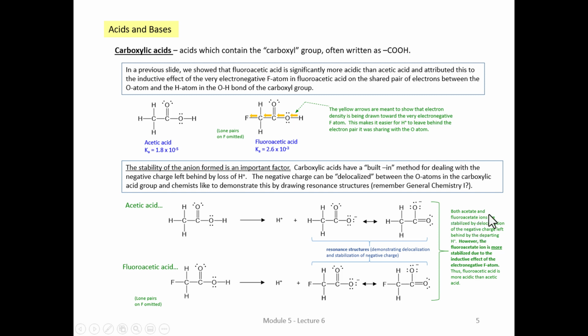So both acetate and fluoroacetate ions are stabilized by delocalization of the negative charge left behind by the departing hydrogen ion. We show that delocalization by drawing valid resonance structures. However, the fluoroacetate ion is more stabilized due to the inductive effect of the electronegative fluorine atom. Thus, fluoroacetic acid is more acidic than acetic acid.